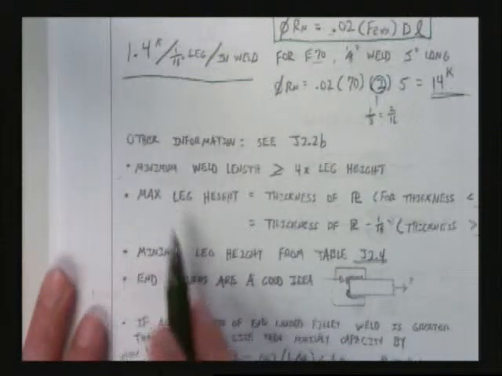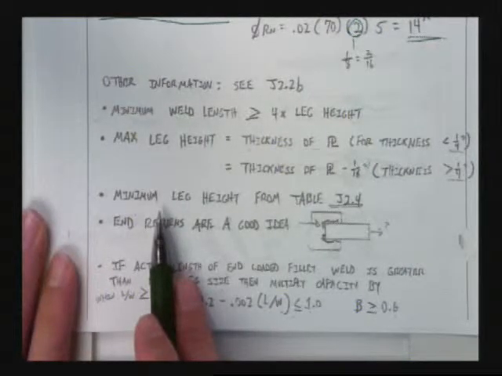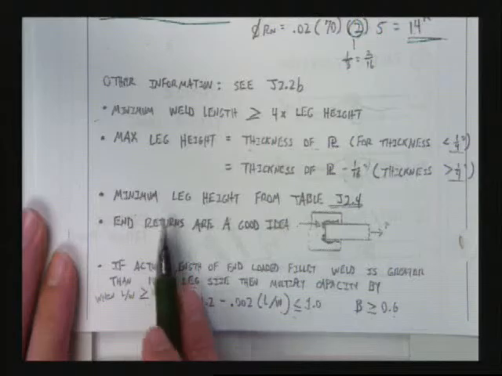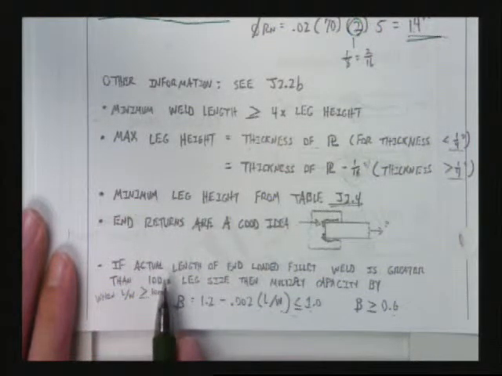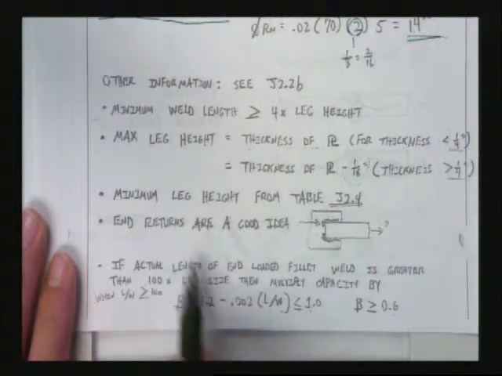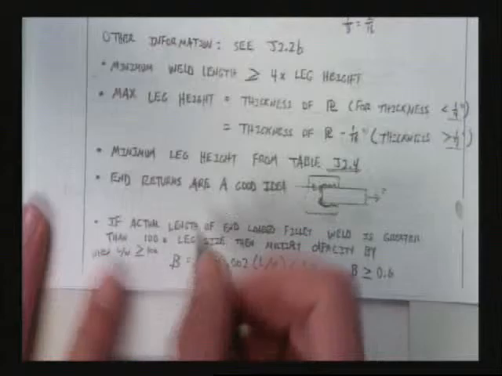Now, they have all of these things down here that we're not going to talk about. You have all these rules with welds, not that hard, not that big of a deal, about minimum leg height, maximum leg height, all kinds of end radius stuff. And we have this beta factor.